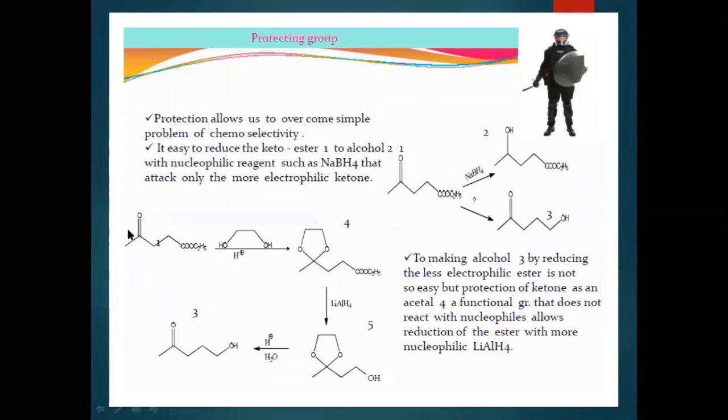In such cases, first the more reactive site needs to be protected and then perform the reaction on the less reactive site. Resultant will be, you will get the expected product of this CH2OH. Suppose without the usage of any protecting group, if you try to perform, then the more reactive site will react, the less reactive site will be inert. So you cannot expect this kind of product.